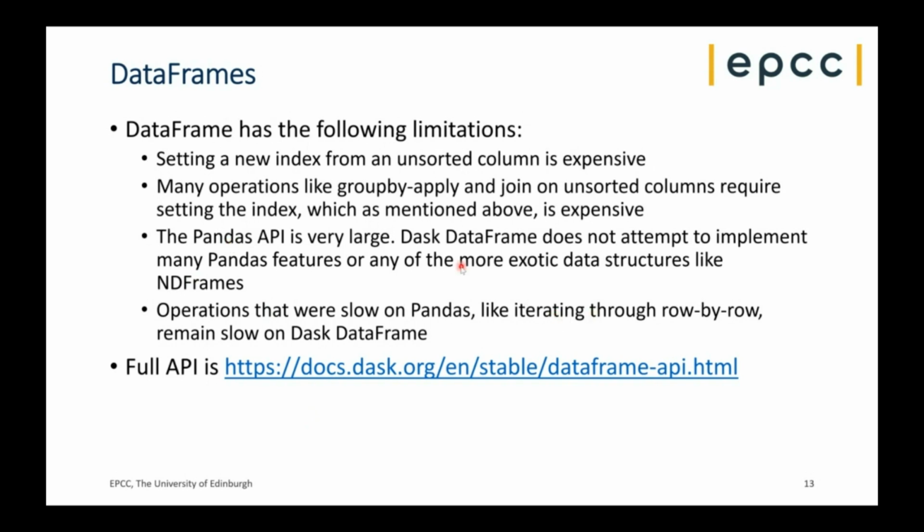And there's a whole bunch of things that are not supported if you look through the API. Operations that would always have been slow in pandas anyway probably will still be slow in the Dask data frame, so iterating through by row and those kind of things. Again, this is because you're restricting the amount of parallelism by iterating individual rows without doing it in a way that's split up across the chunks, or the blocks, and that will be slow.